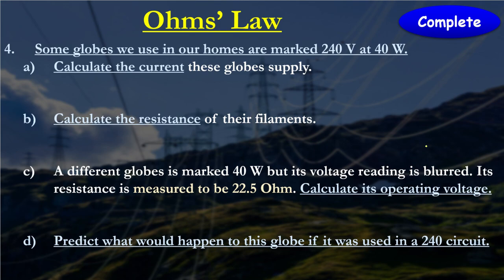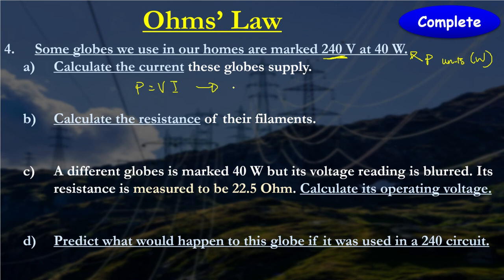So just a couple of questions for you here. Firstly, it says calculate the current of these globes if it's marked with 240 volts at a power rate of 40 W. Remember that the unit for power is W, which is watts, and we've talked about this before. So we know that power is equal to voltage times current.